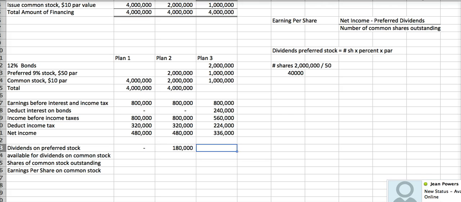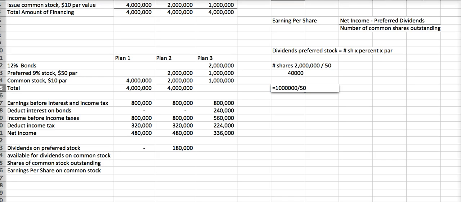Plan 3, we need to figure out how many shares we have again. And this time, we'll say 1,000,000 divided by 50. So for Plan 3, it's going to be 20,000 shares of preferred stock.